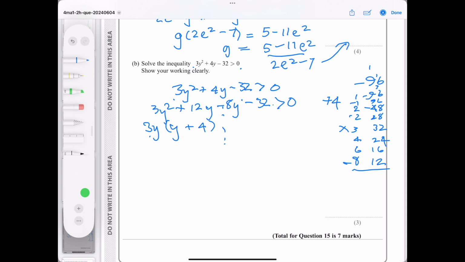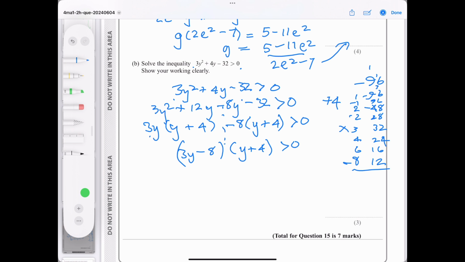These two have got 8 in common, so minus 8, then y plus 4. So we know that (3y minus 8)(y plus 4) has got to be greater than 0.